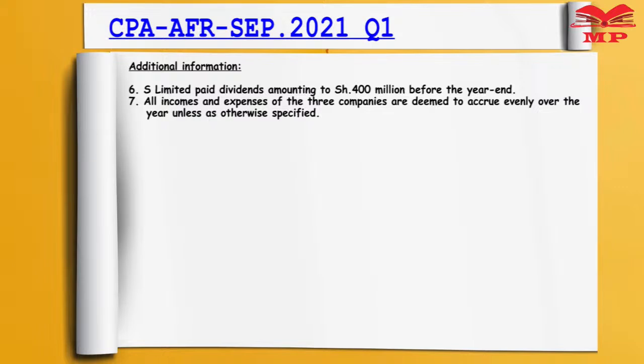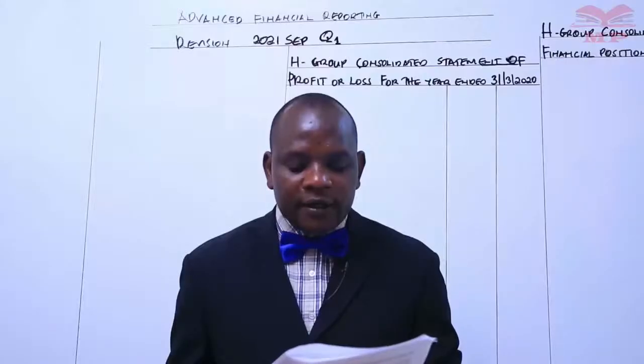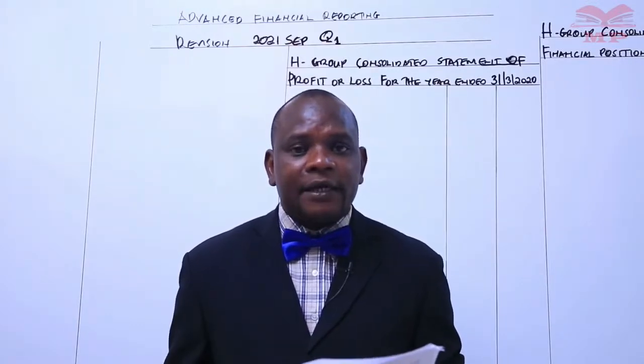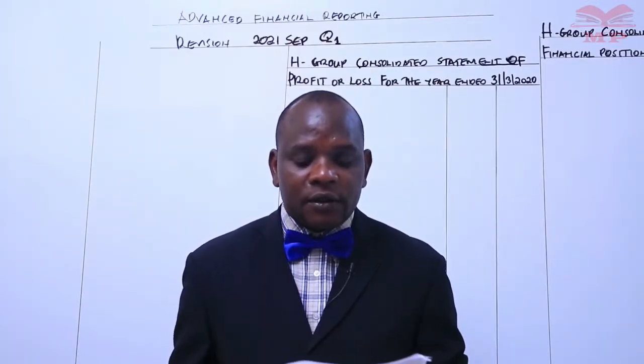And then we have number 7, all incomes and expenses of the 3 companies are deemed to accrue evenly over the year unless otherwise specified. The word accrue evenly should bring to your attention the timing aspect of acquisition.